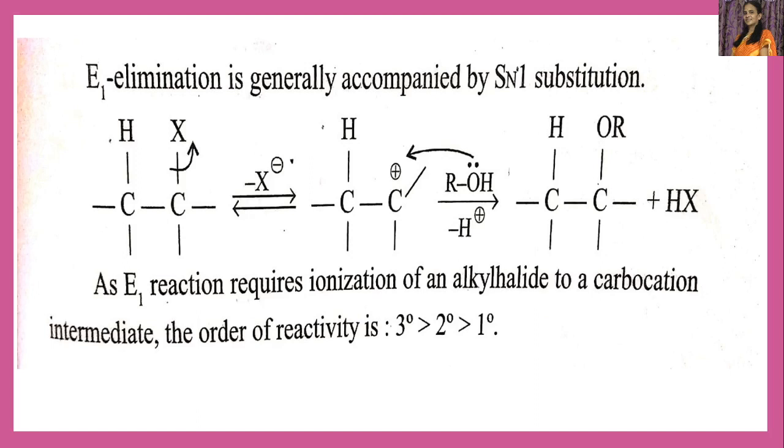As the E1 reaction requires ionization of an alkyl halide to a carbocation in the first step, for the carbocation intermediate the order of reactivity is tertiary greater than secondary greater than primary. So in this reaction, in the first step, if the halide ion is lost, we get a carbocation.